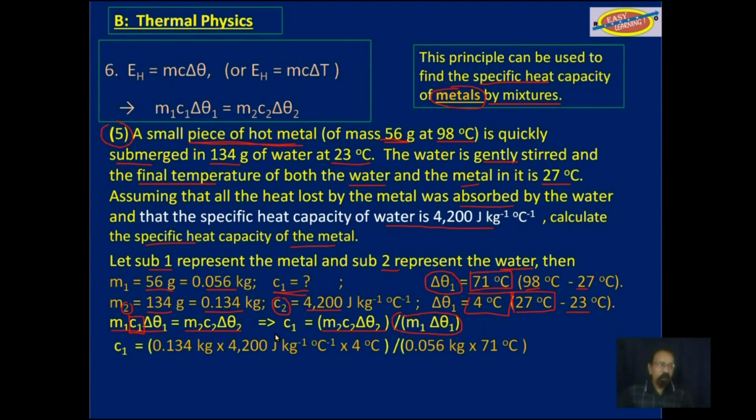And so we substitute. This is M2, C2, delta theta 2, M1, delta theta 1. Put all of that in our calculator and we get 566.197 joules per kilogram per degree Celsius. Let us check our significant figures.